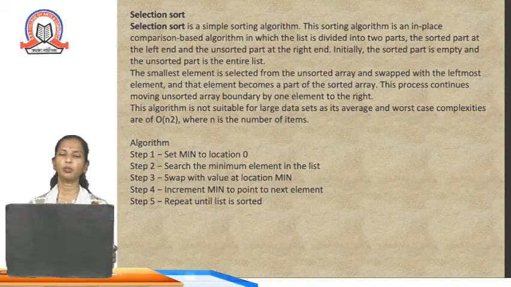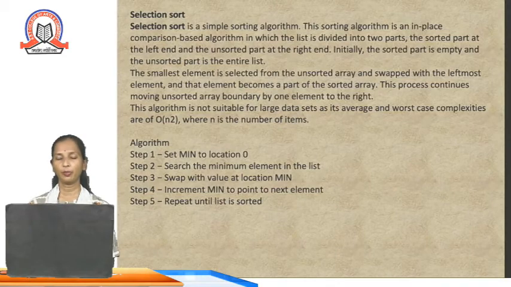This algorithm has a complexity of big O of n square. The algorithm has the following steps. The minimum is assigned to location 0, so the value present at the 0th index, the first index, is assigned to the variable minimum. Then in the second step a search is done to find the minimum element in the list.